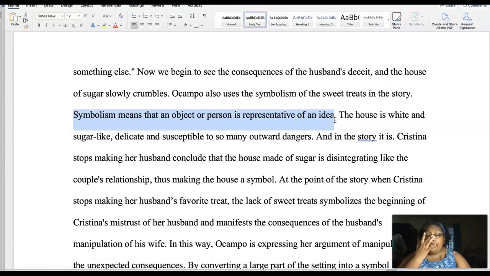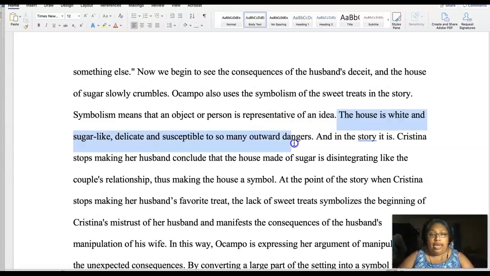She put the definition of symbolism here, and then she's now going to talk to me about what is being symbolized and what it means. Okay? The house is white and sugar-like, delicate and susceptible to many outward dangers. And in the story it is.